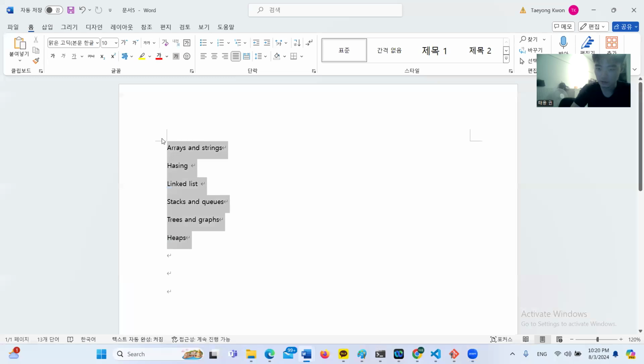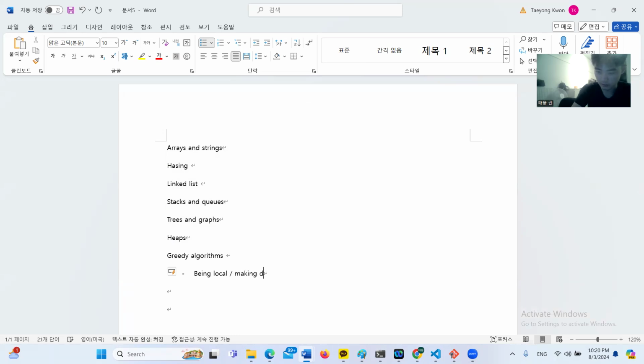So these are the chapters that we have gone through, and these were all the data structures. Today is a bit different one, greedy algorithms. And its functions include making a decision local and also making a decision optimal.